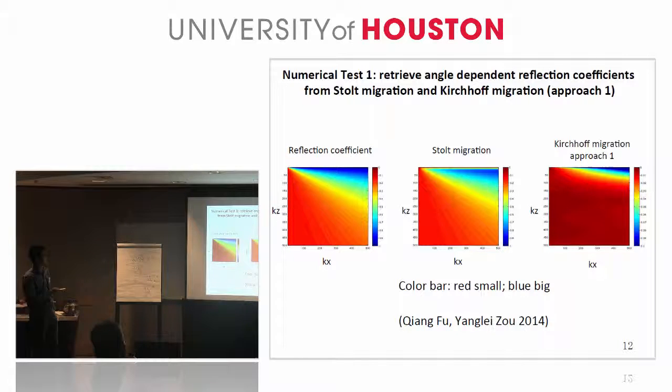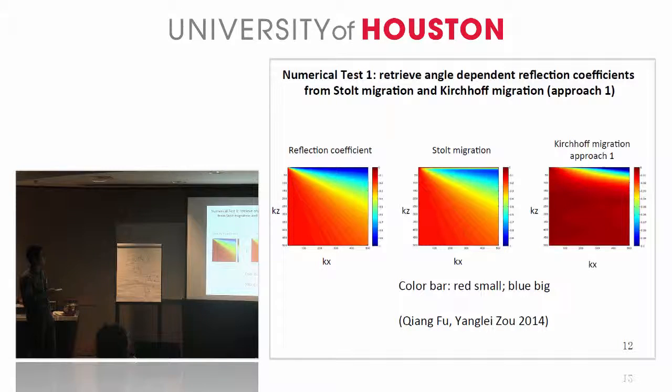And the figure in the middle shows the Stolt migration result. You can see the angle-dependent reflection coefficient retrieved from the Stolt migration is quite similar to the real plane wave reflection coefficient. Although you might notice that there are some numerical artifacts here.